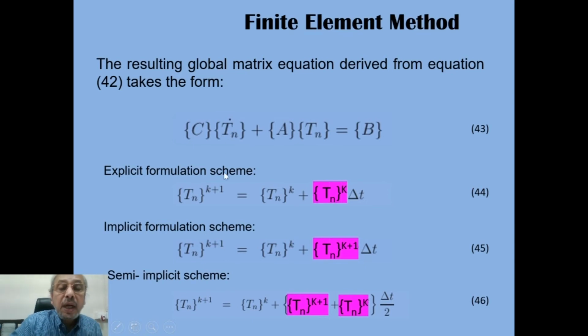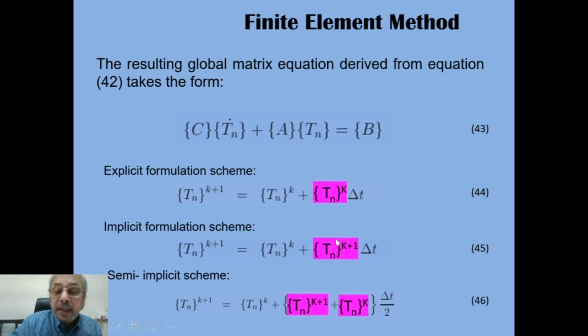And how Tnk plus 1 can be evaluated in terms of Tnk and delta T, that basic scheme we have written here. We already know this is purely explicit. This is fully implicit, because if we write this Tn at the K plus 1 level, then it becomes fully implicit.